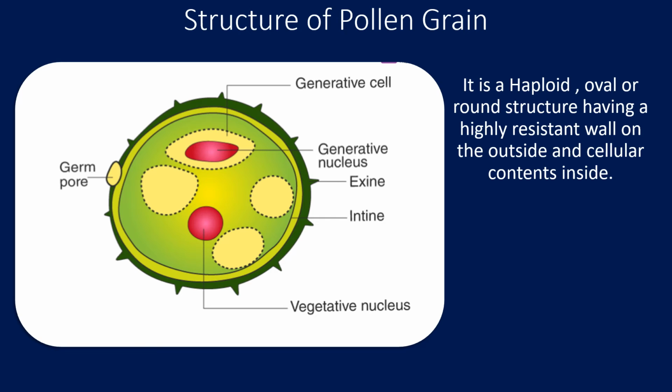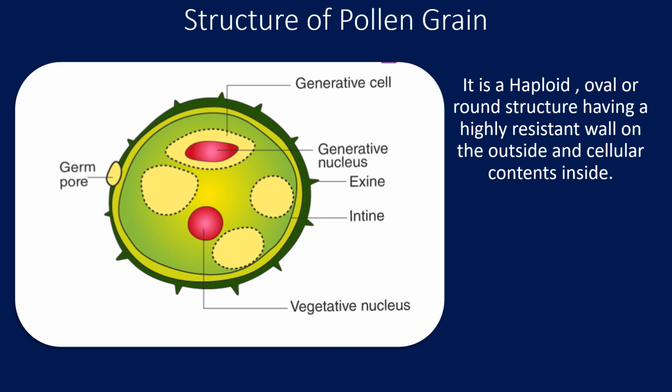The outer exine layer is made up of a highly resistant fatty substance called sporopollenin. The presence of sporopollenin allows the pollen grain to be preserved as a microfossil, as it remains unaffected by high temperature, strong acid or strong alkali.